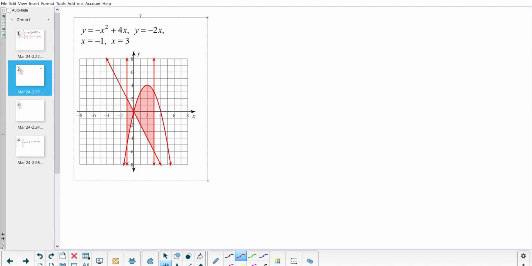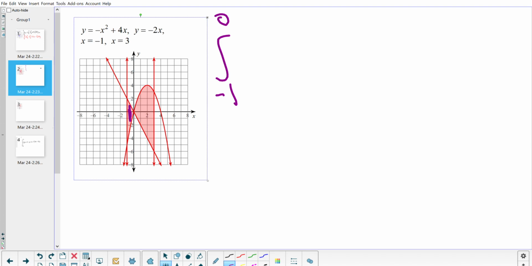This one we can just do in terms of x. So if we do this first area right here, this almost triangle little space, my boundaries are x values, x equals -1 to x equals 0.